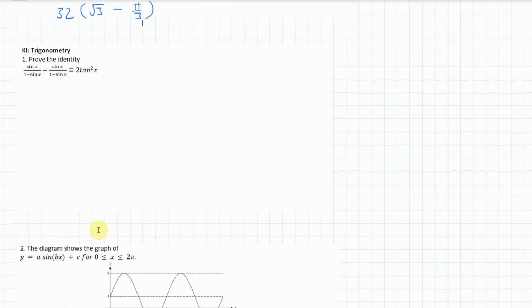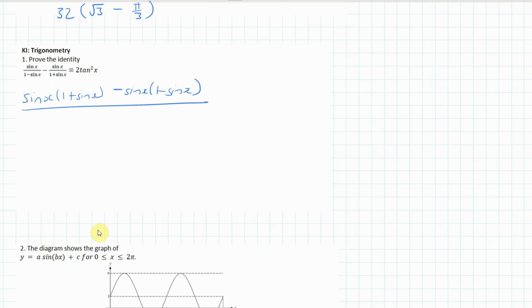Now we're trying to prove this identity. My first step would be to cross multiply. So I'm going to get sine x into 1 plus sine x minus sine x into 1 minus sine x all over 1 minus sine x into 1 plus sine x.